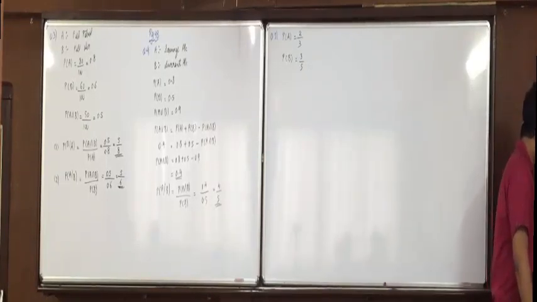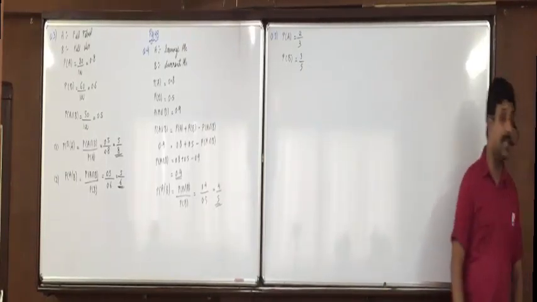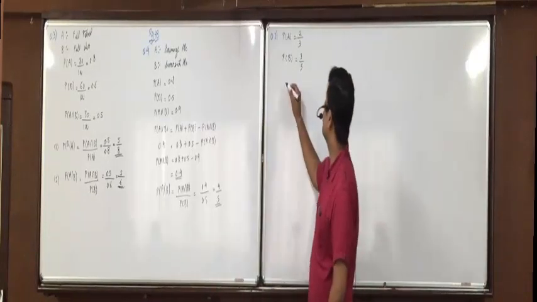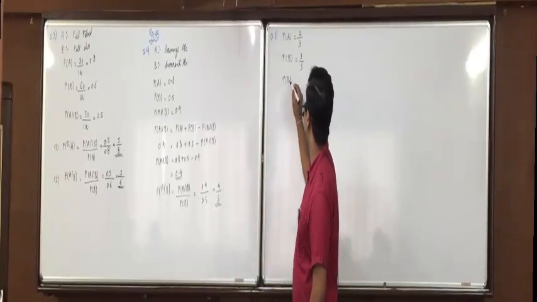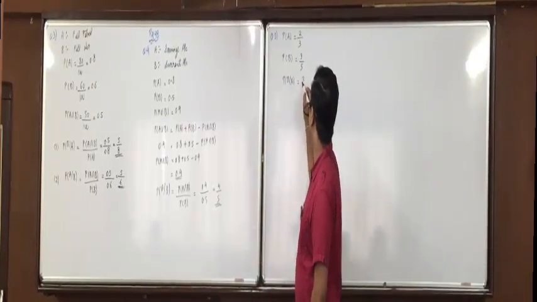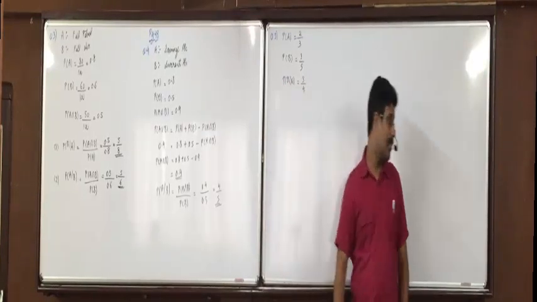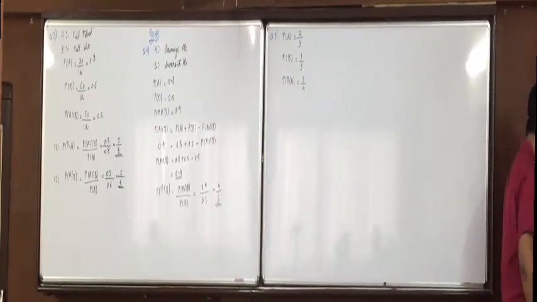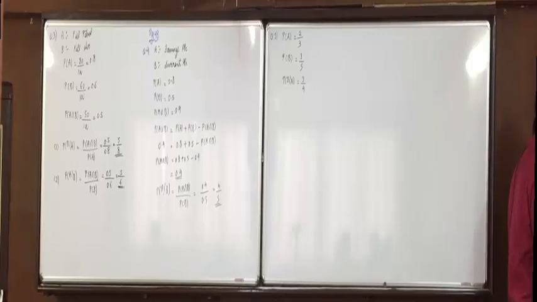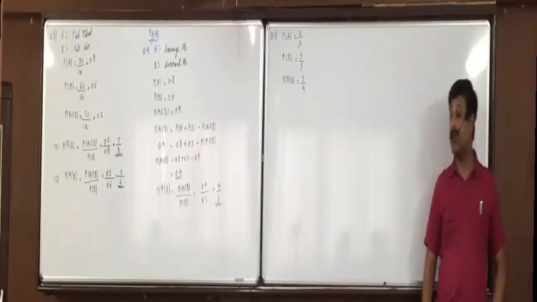And B slash A is 3 by 4. Now they say, for two events in a sample space of a random experiment, find P A slash B.